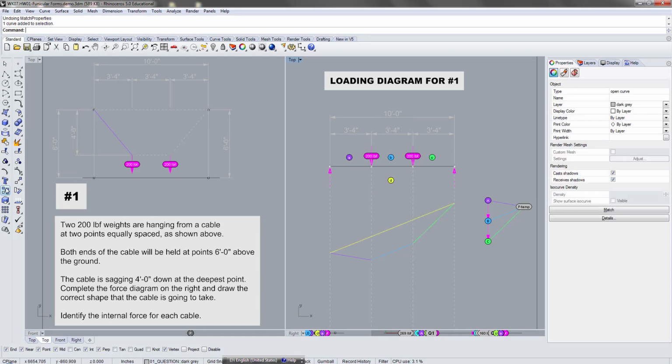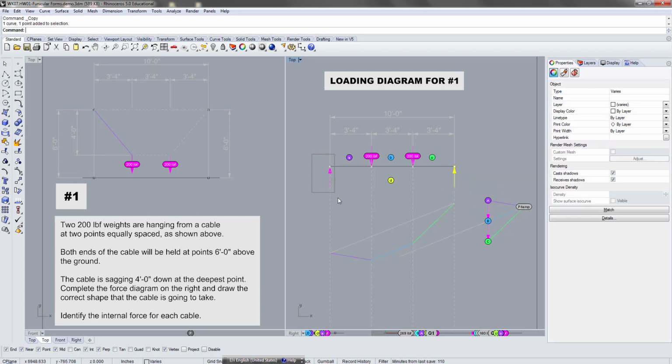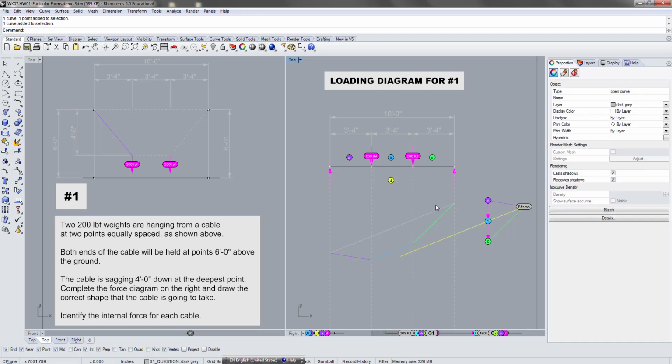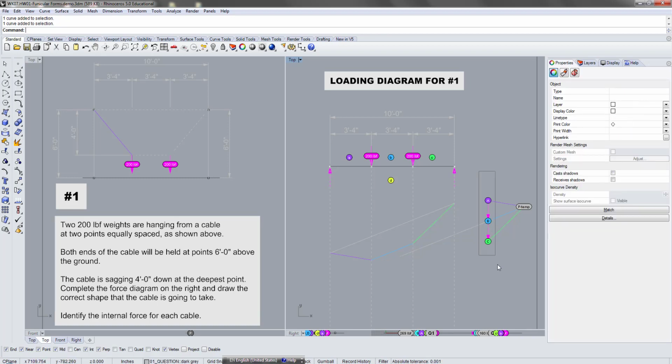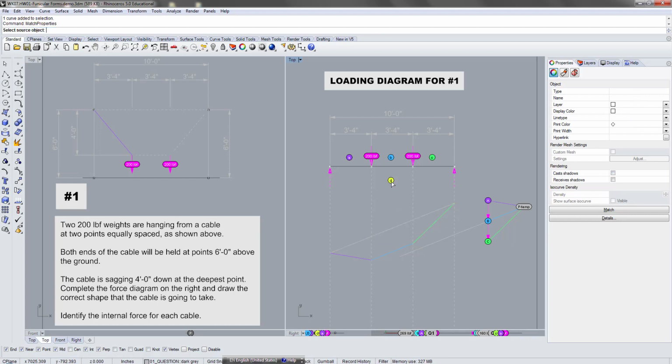That closing line is what determines the vertical reactions on the two sides. In this case it was completely symmetrical, and the intersection between this closing line and the vertical lines here will be point D. It should actually be this color, just to clarify.